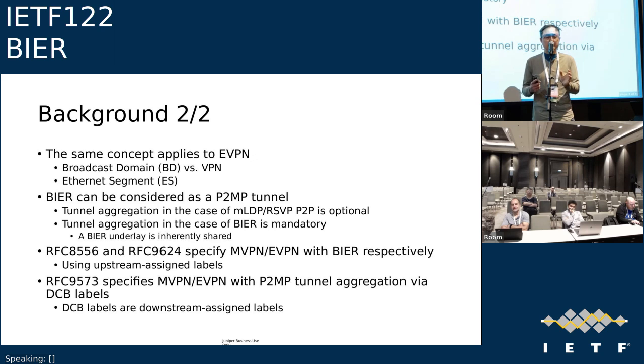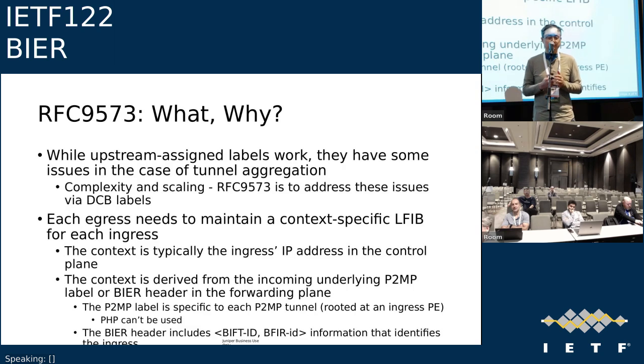You can use those upstream assigned labels to do all you need. But why did we bother with another RFC, 9573, using the DCB labels, which are really downstream assigned labels? Now I'm trying to explain what it is and why we want to use it.